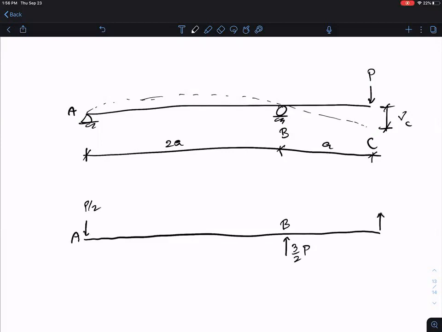And then to complete the free body diagram, we'll also include the applied load. Right, so this is our free body diagram.